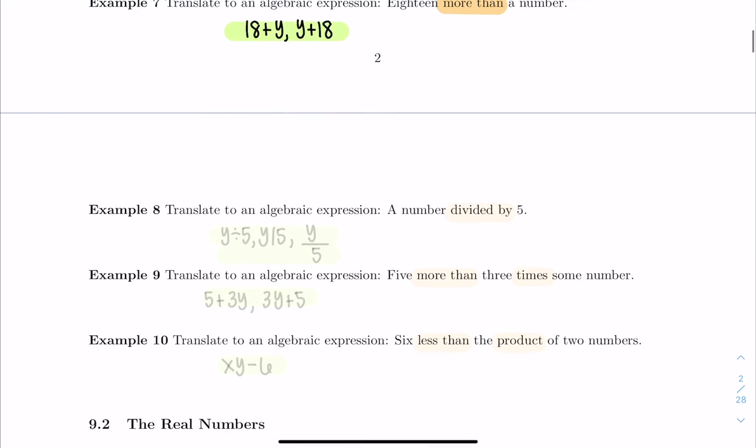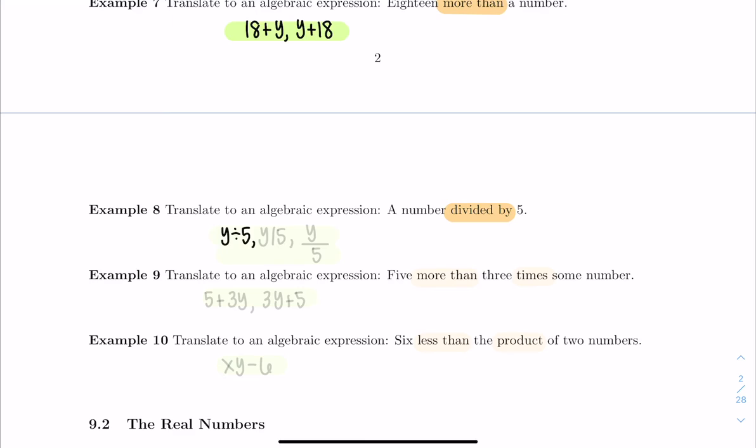We have a number divided by 5. So that important part is divided by. That's going to be a division. So we could write this as a number, which we'll just use y, divided by 5.